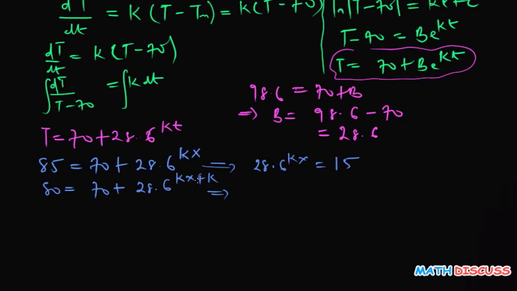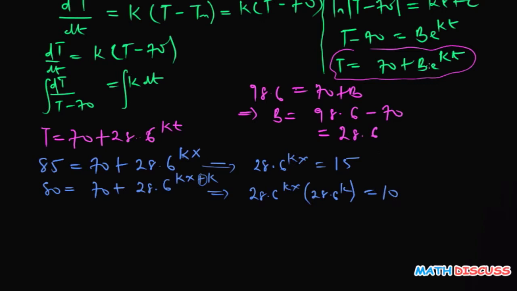So this is laws of indices, so we can just write this as 28.6 to the power kx times 28.6 to the power k, now equals 80 minus 70, which is 10. So now how then do we solve this problem?